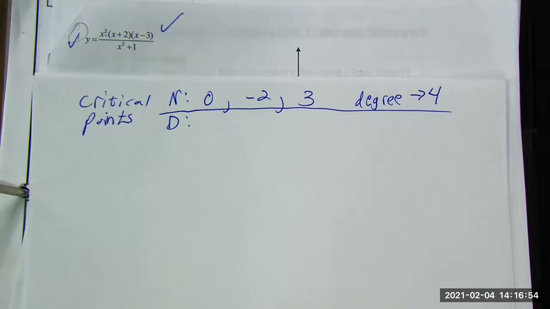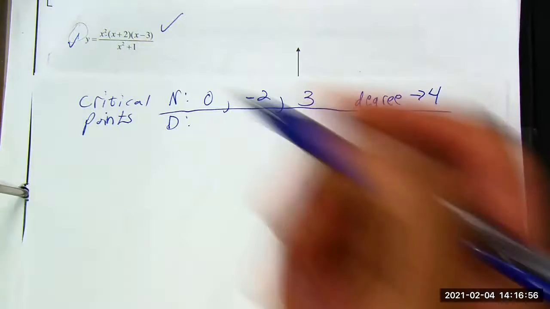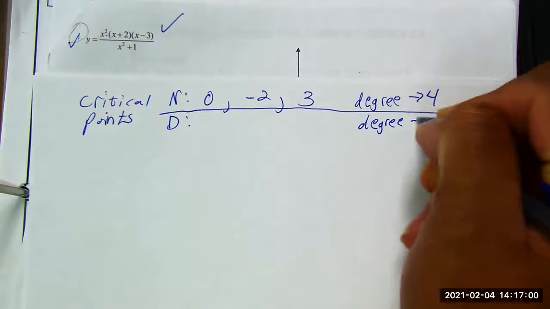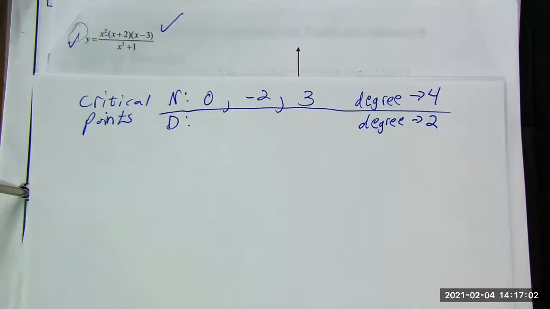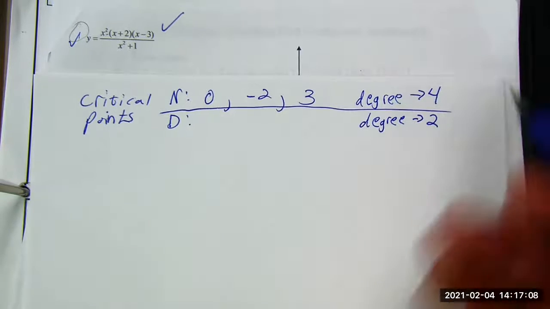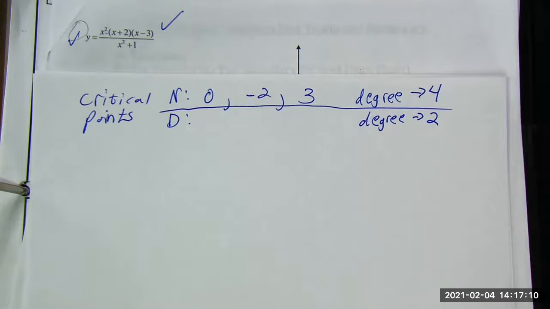The critical points of the denominator look a bit dubious. I will take a moment to remind myself that the degree is 2. So regarding whether it's a slant or a horizontal asymptote, we know it's a slant asymptote because the degree of the numerator is bigger than the degree of the denominator.